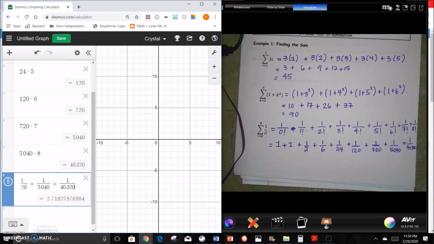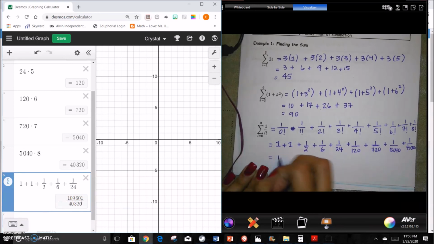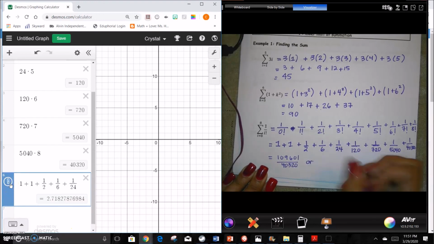And my answer, I don't know if I could change this to a decimal. We'll try and see what happens. There it is as a fraction. So you can write 109,601 over 4,320, or your answer could be as a decimal because it's so big, approximately 2.72.